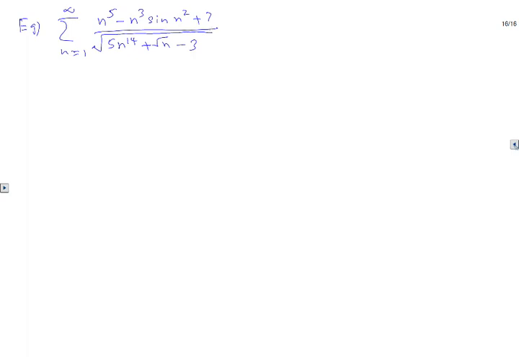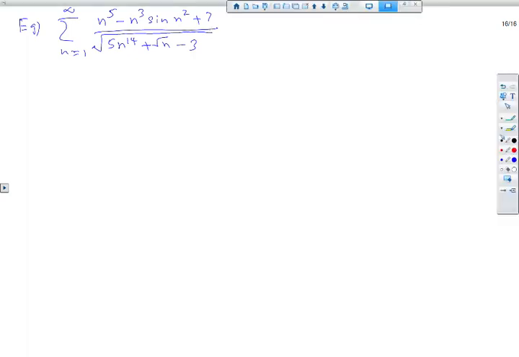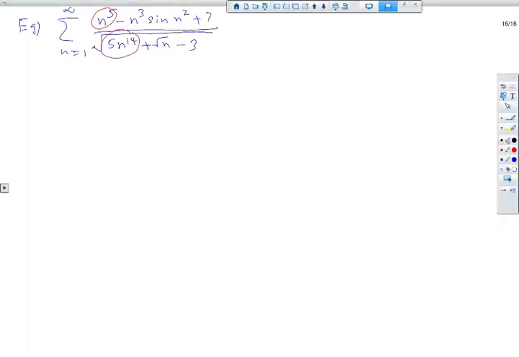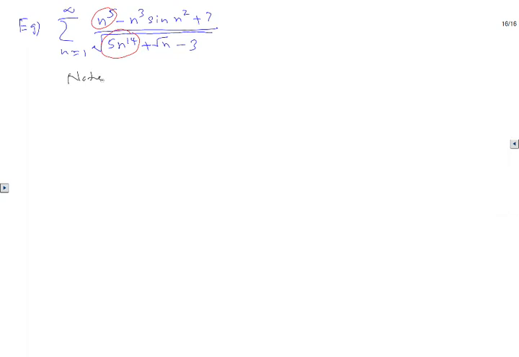So what are you going to do? You're going to compare this with the dominant term of the numerator over the dominant term of the denominator. But we're going to notice something first. Note that sine n squared is in between 1 and negative 1. So that means n cubed is not a dominating term here. n to the fifth is the dominating term, because sine is just between 1 and negative 1.